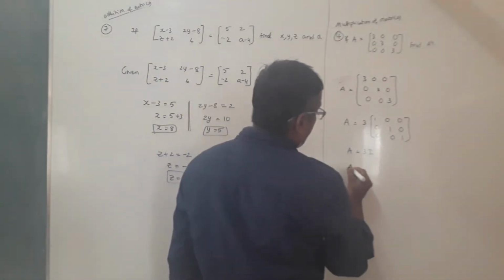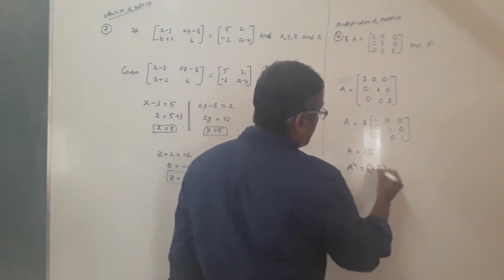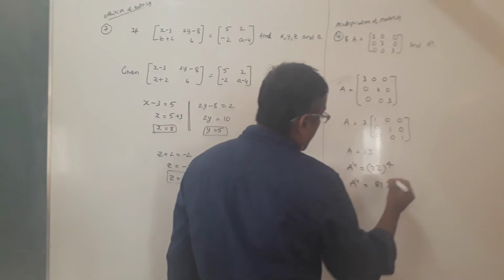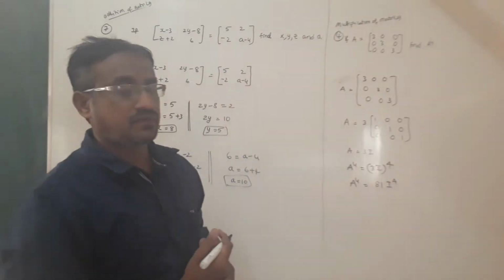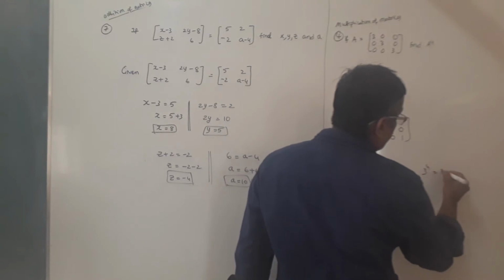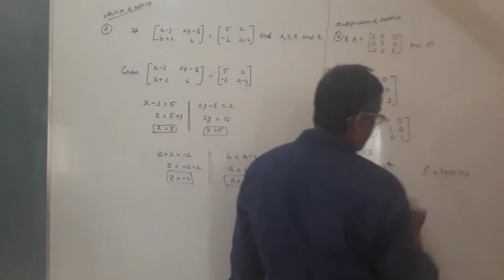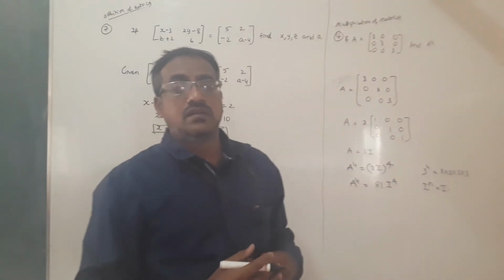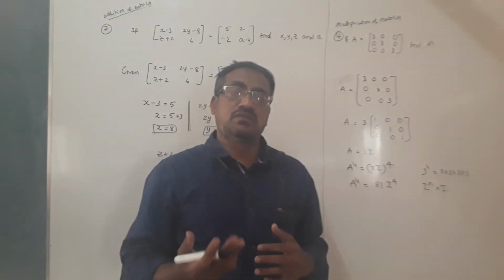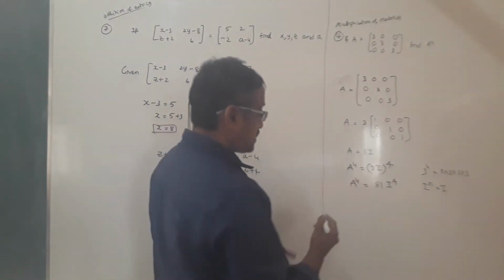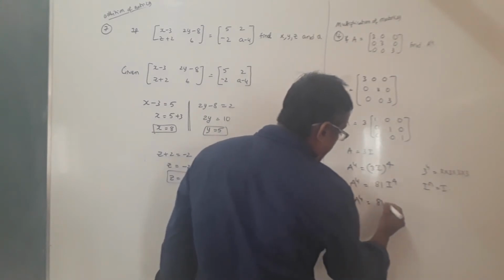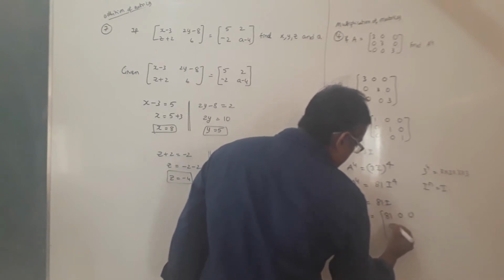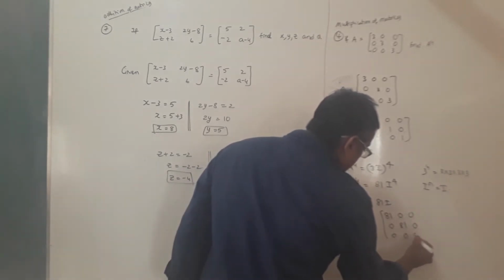Now consider A power 4, that is (3I) whole power 4. A power 4 is equal to 81 into I power 4. 3 power 4 is 3 into 3 into 3 into 3, which is 81. Now you have the property I square, I cube, I power 4 and so on: I power n is equal to I. So A power 4 is equal to 81 I, which is [81 0 0; 0 81 0; 0 0 81].